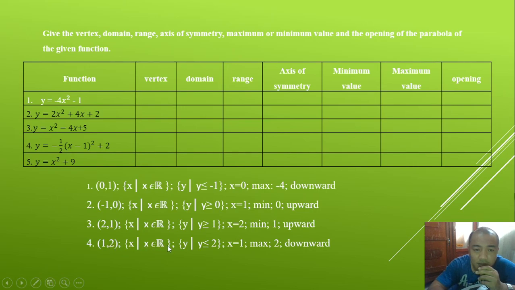Set of real numbers for the domain. Y is less than or equal to 2 for the range. X equals 1 for the axis of symmetry. Maximum is 2, downward. And for the last number, 0, 9 is the vertex. Domain, set of real numbers. Range, y is less than or equal to 2.